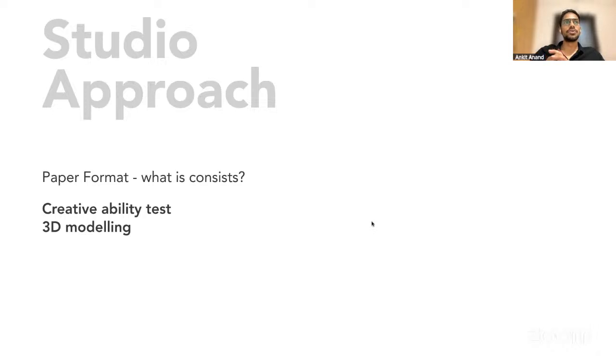They can play a sound and ask you what this sound is about, or what comes to your head when this sound is played. So they are extremely creative in these regards. It's not a test which is just copying on paper, and even 3D modeling, they go beyond this.